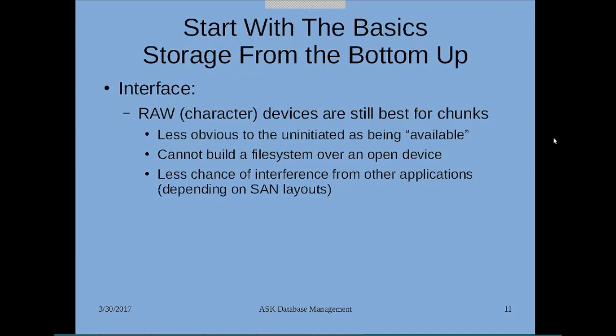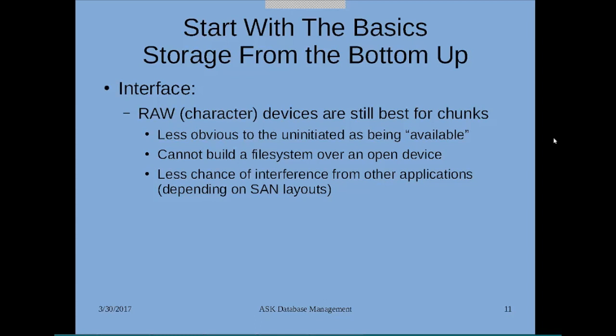Okay, another advantage to raw is when that raw device is mounted. Okay, and somebody tries to build a file system over it, they're going to get an error and it's going to fail, and your database will be safe. Right. On the other hand, somebody could delete a cooked file. Okay.